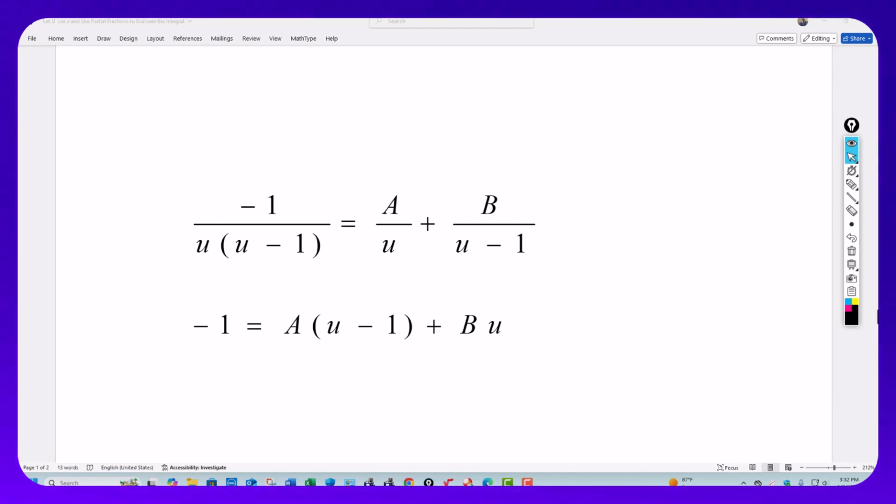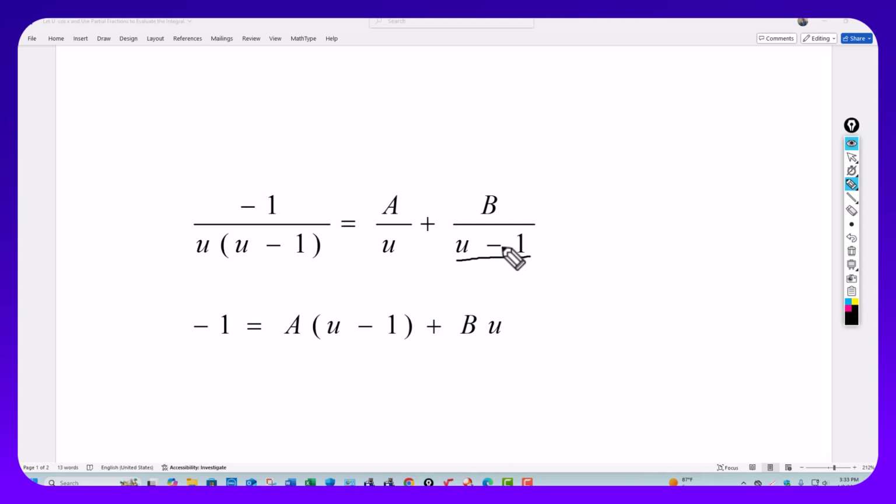We said to get a, we replace the u by 0. And this is why it works. u equal to 0. This factor, the b's gone. And you put a 0 here, we get minus 1 times a. So minus 1, a is equal to minus 1. The negatives cancel, and you get a equal to 1. That's what we got. Now to get the b, see, the factor u minus 1 was under the b.